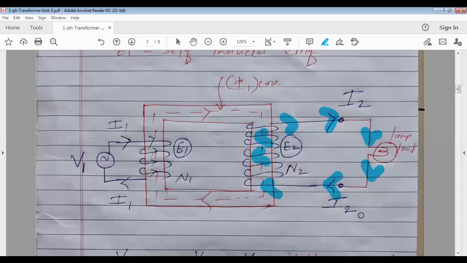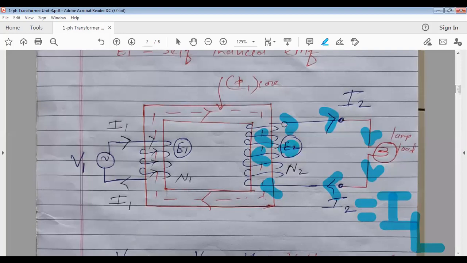It will be the same. So this I2 you can also represent as IL, the load current. So the total load current and the current flowing through the secondary winding are the same.